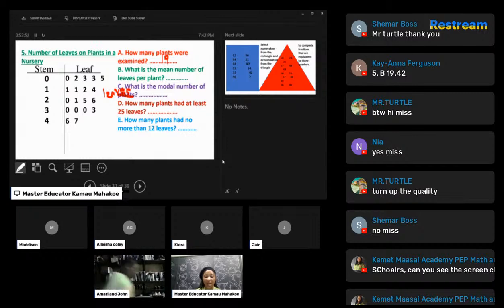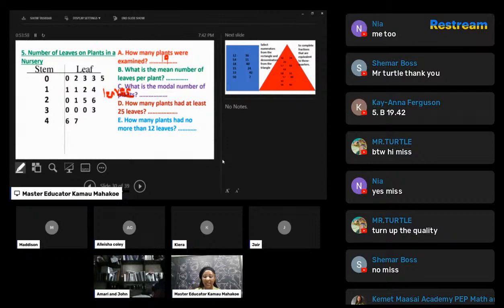The total I got when I added them up was 369, and Nia said she got that too. So 369, and we're going to divide that by 19 since it's 19 plants. Miss, what did you say? 369.